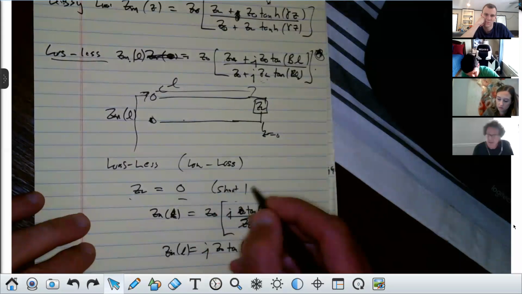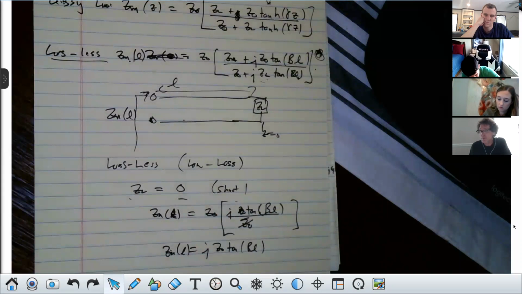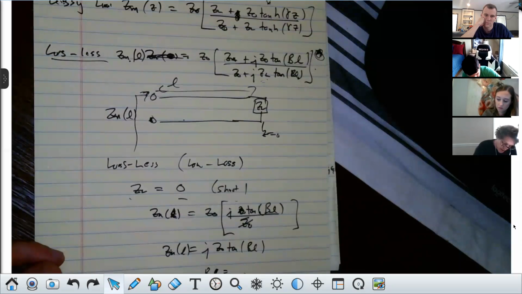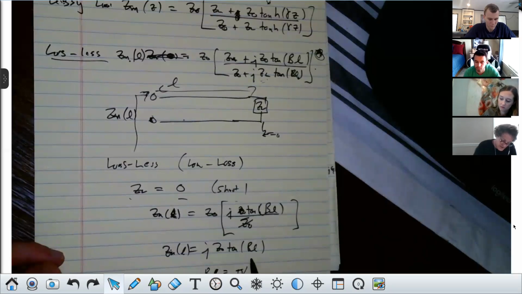Well, if there's no line, you expect to measure a short, right? You expect that. But what happens to this when beta L is equal to pi over 2? Now what's Zin? What happens now? What's tangent of pi over 2 anyway?